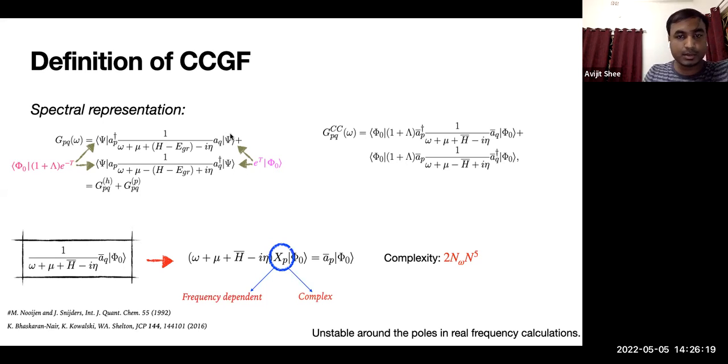Let me say it a bit more carefully. The right hand side of a coupled cluster wave function, or the ket part, is not the adjoint of the bra part because of the non-Hermitian nature of the theory.